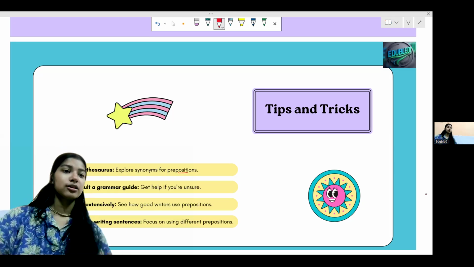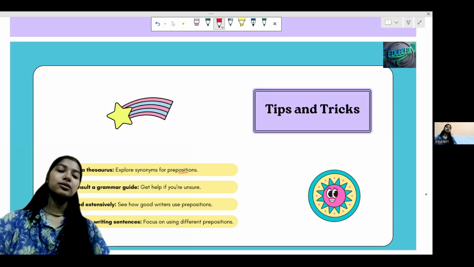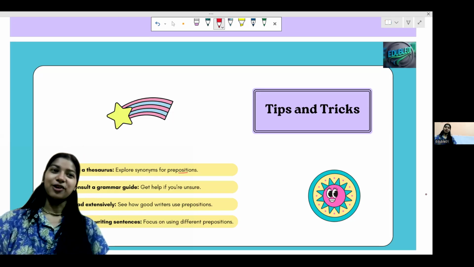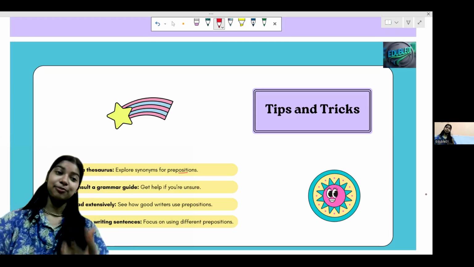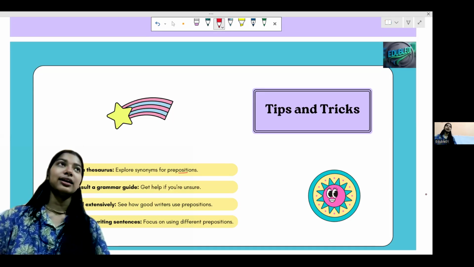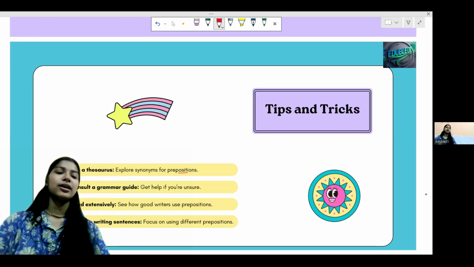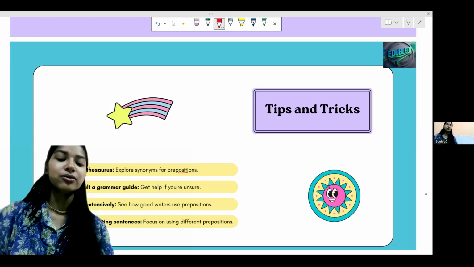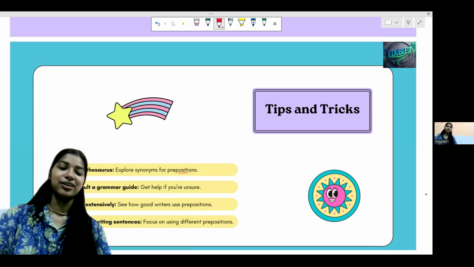We have to explore the synonyms for the prepositions. Get help if you are unsure. You can take help from others, so that if you're a little bit unsure about the answers, you are not going to get them incorrect because you have help.